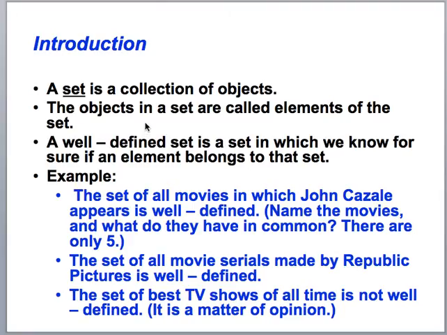The set is used as a collection of items, and when you think about sets, you should think about them as being used for figuring out whether something is part of a group, whether it's part of some kind of set. When you look at this example of movies that a person has done, they would all be in that set.